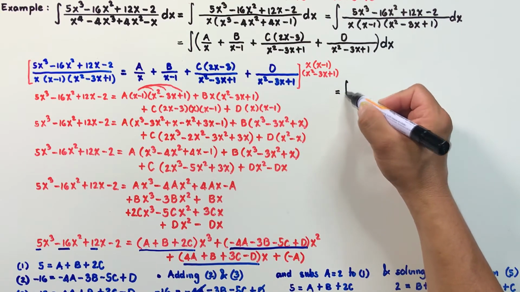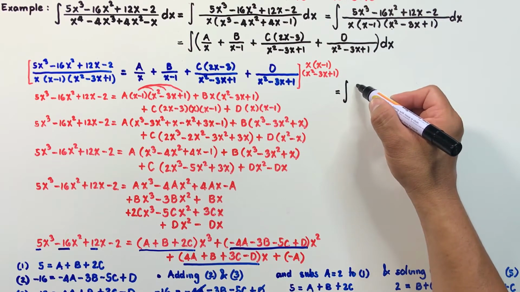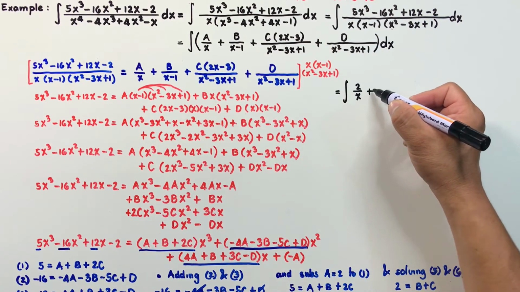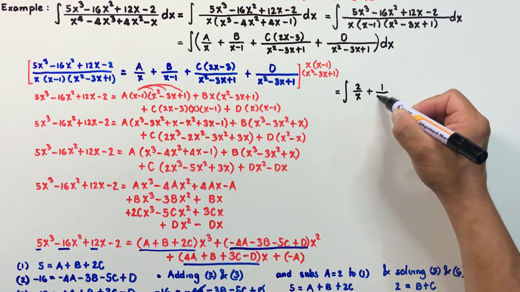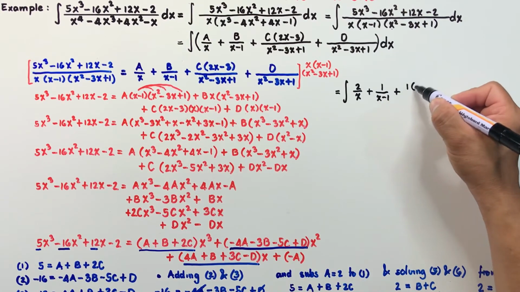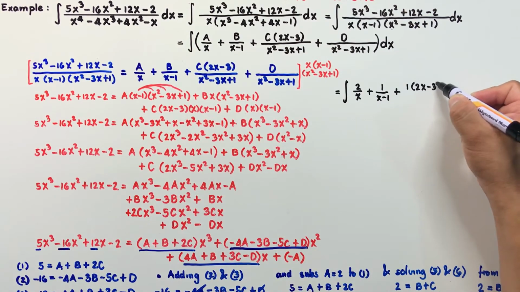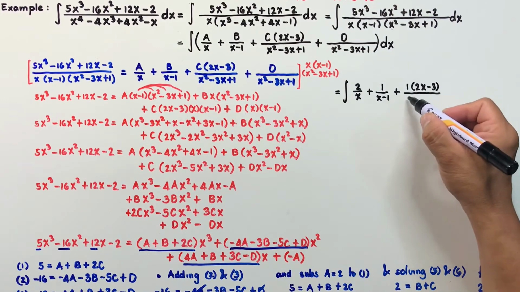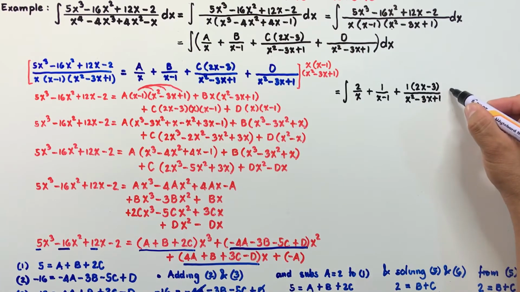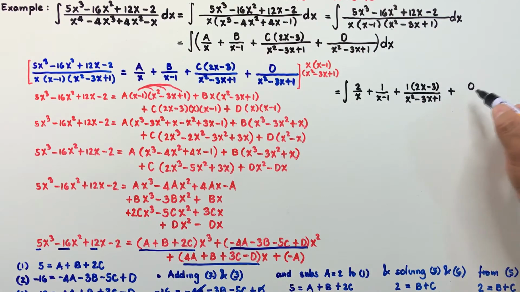So this is equal to the integral of a, which is 2 over x, and this will be added to b, which is 1 over x minus 1, plus c, which is also 1 times 2x minus 3 over the quadratic denominator x squared minus 3x plus 1, plus d, which is 0, and this 0 when divided by this denominator is 0.